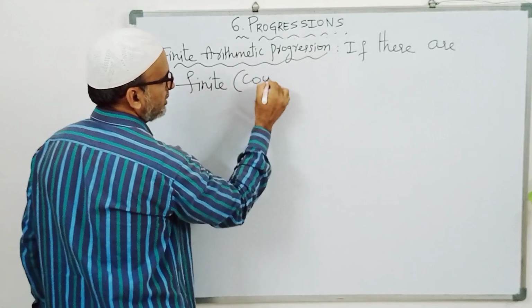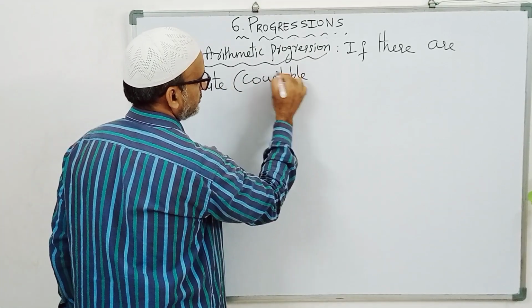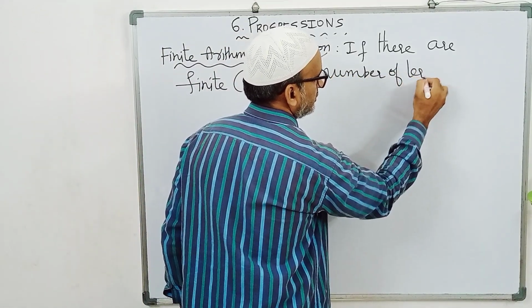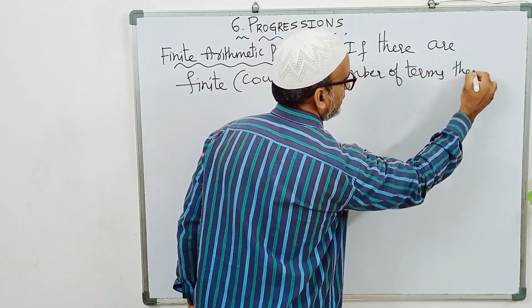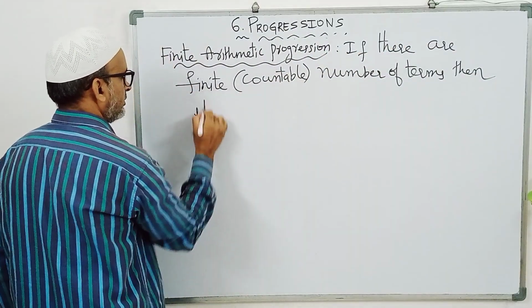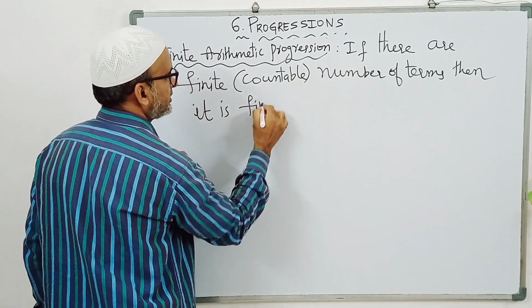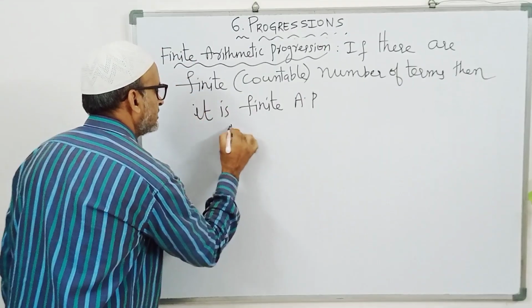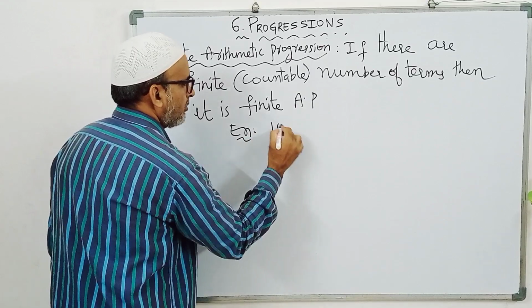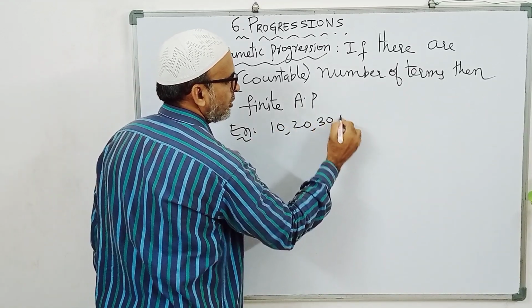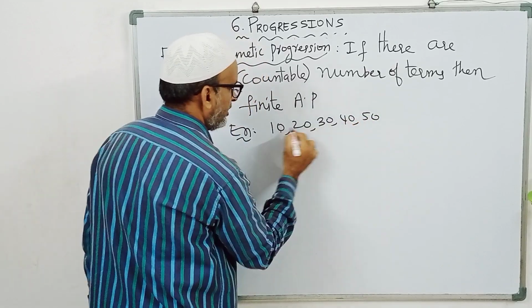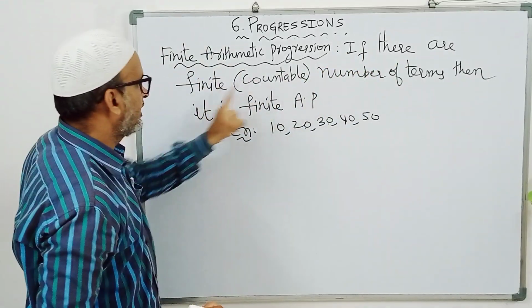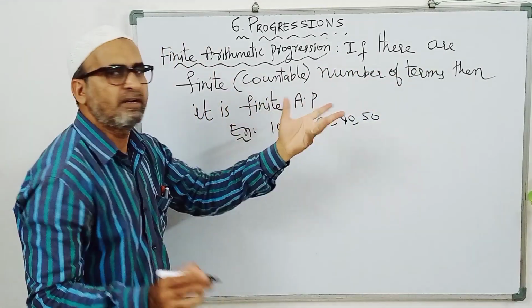Finite means countable number of terms, then it is a finite arithmetic progression. Example, simple: 10, 20, 30, 40, 50. 1, 2, 3, 4, 5. Countable number of terms. If there are finite, means countable, number of terms, then it is finite AP.